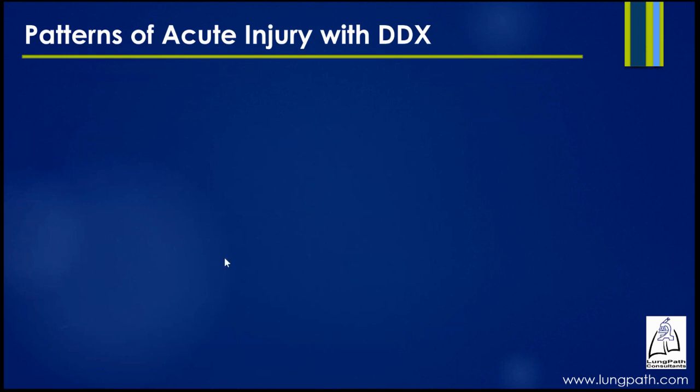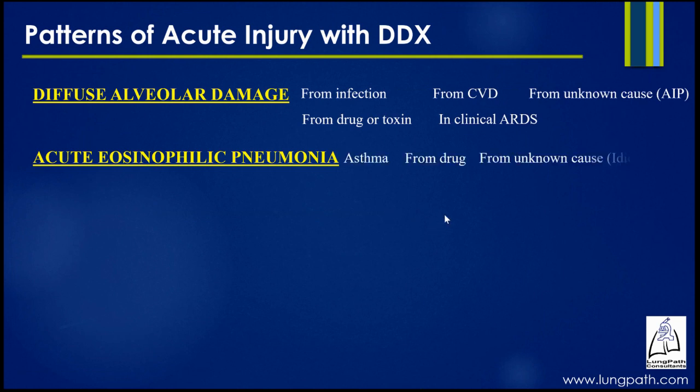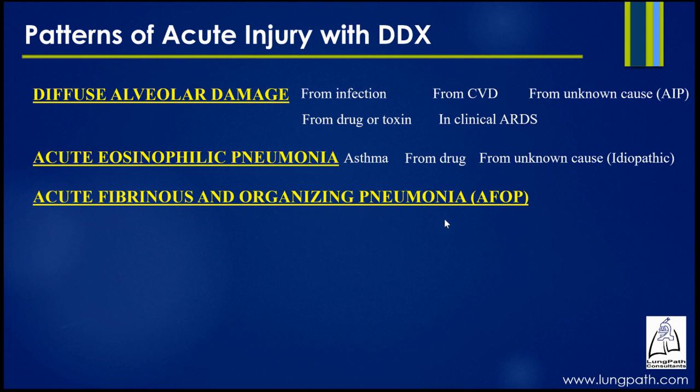So patterns of acute injury with their differential. Diffuse alveolar damage has this differential from infection, from drug toxicity, from connective tissue disease manifesting in the lung, from clinical ARDS, from drug reaction, from acute injury of all types, acute eosinophilic pneumonia, from asthma, from drug reaction, from unknown etiologies, acute fibrinous and organizing pneumonia, also called AFOP, which is an idiopathic condition, but pathology will show acute fibrinous and fibrin and organization in the lung.